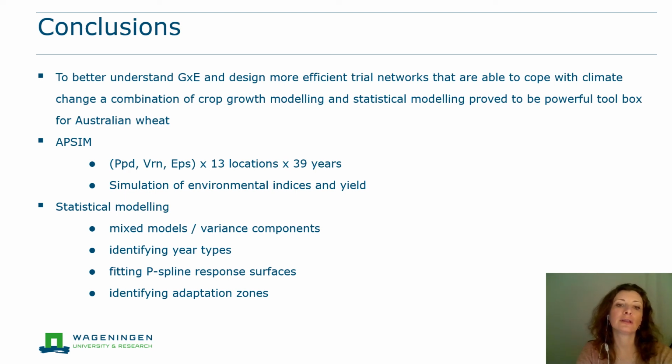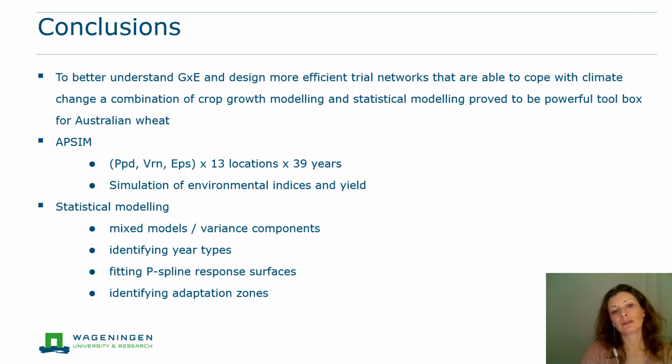We also generated a number of environmental indices that allow us to describe the environmental quality and to classify years. This data was used in statistical models to evaluate some mixed models.